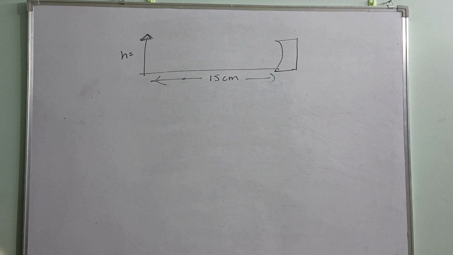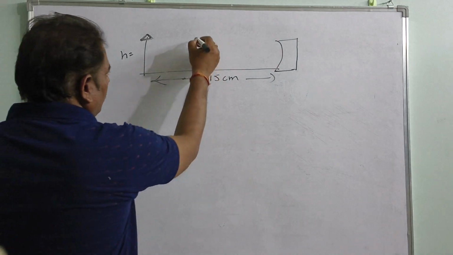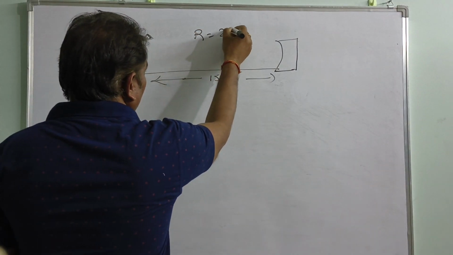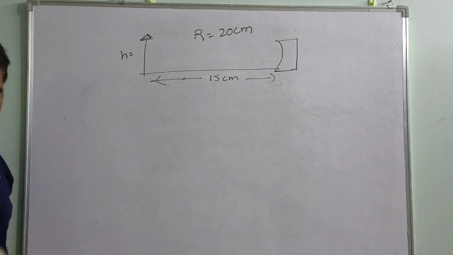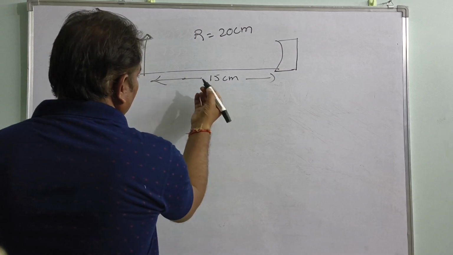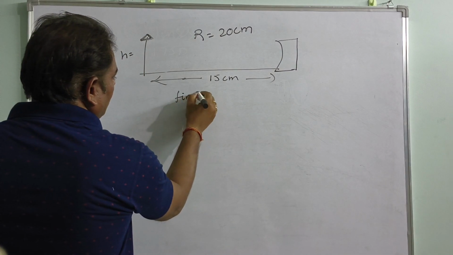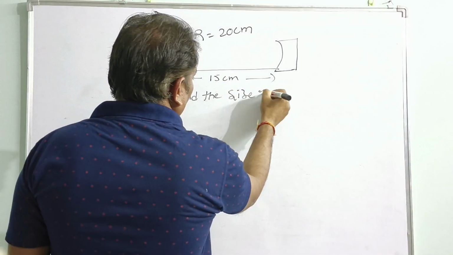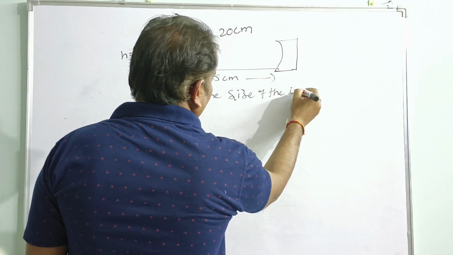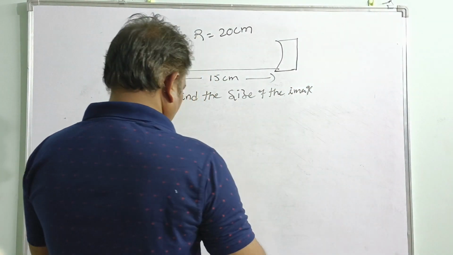Radius of curvature is 20 centimeters. Find the size of the image.